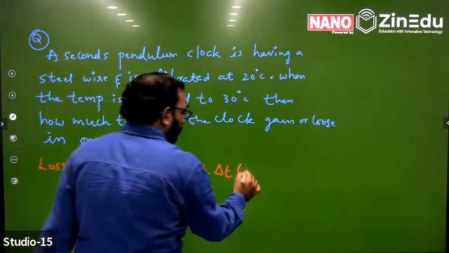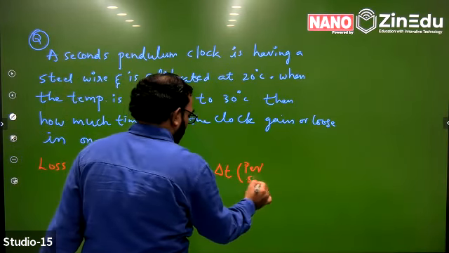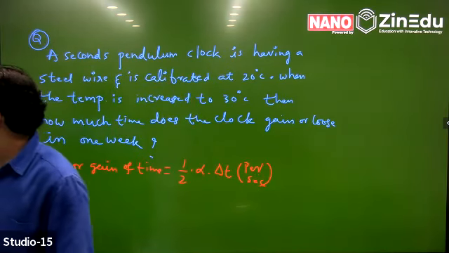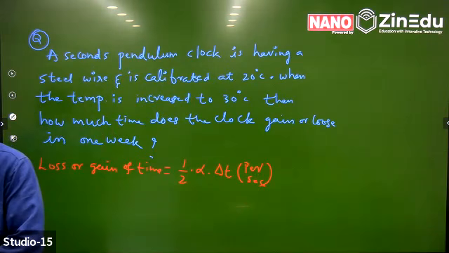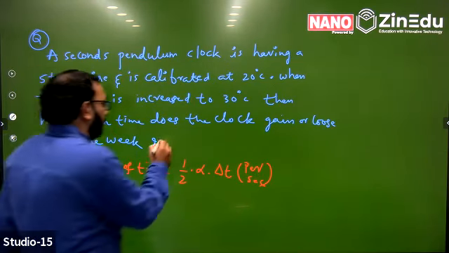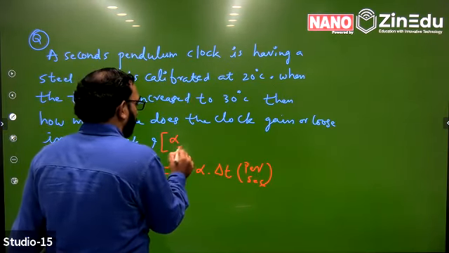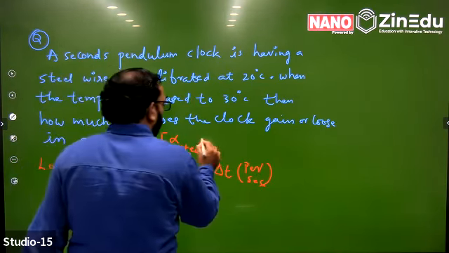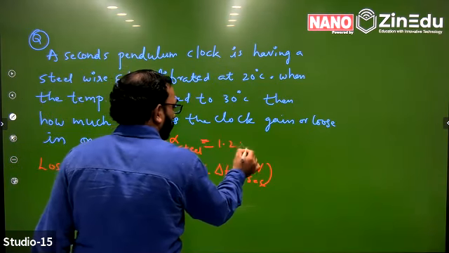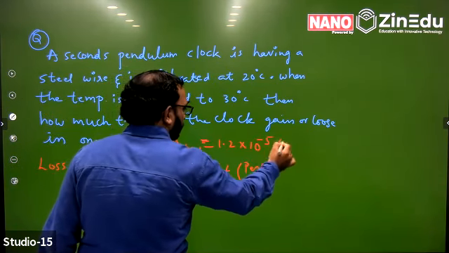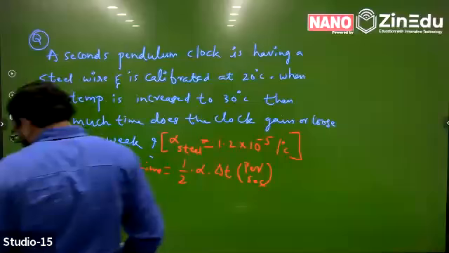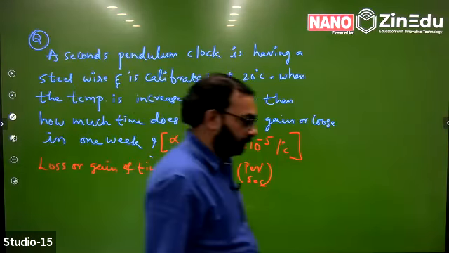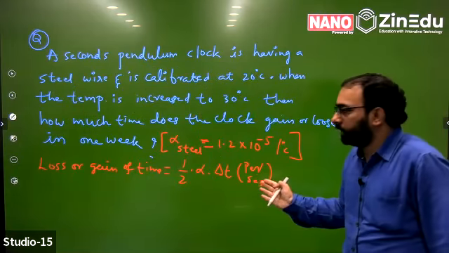This is obtained per second. So you can calculate the loss or gain of time per second. The given information is alpha of the steel wire is 1.2 into 10 power minus 5 per degree Celsius. So you can calculate the loss or gain of time.